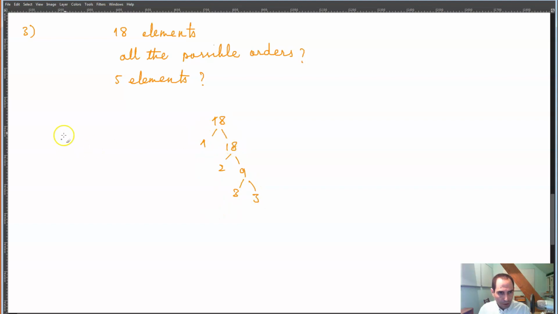Meaning that you can write 18 as 1 times 18, or you can write it as 2 times 9, or you can write it as 6 times 3.